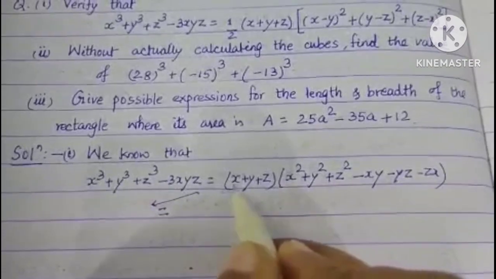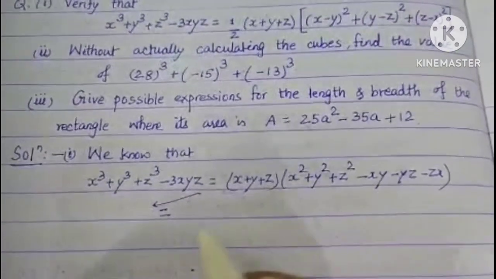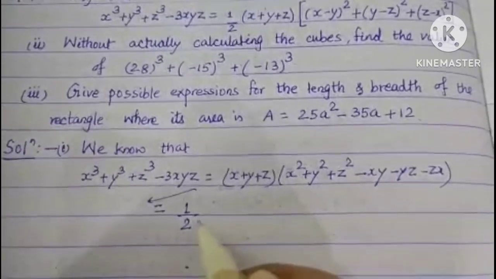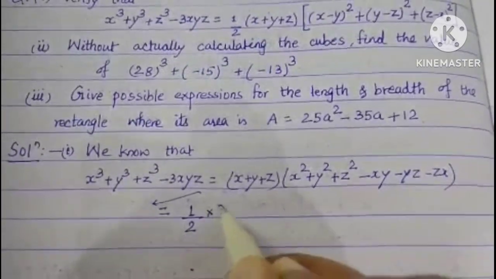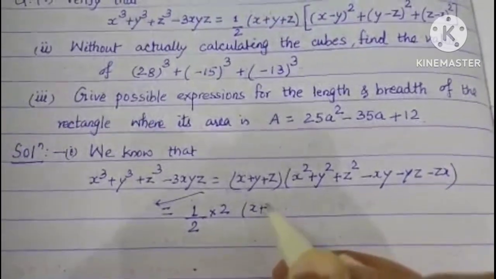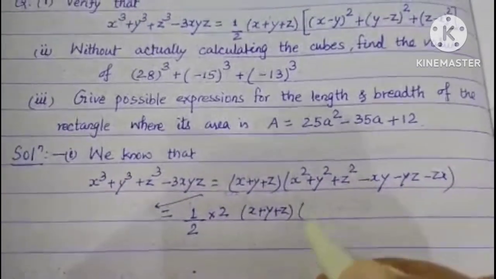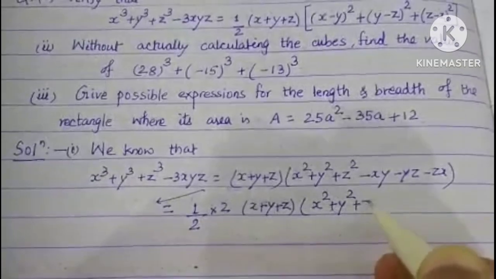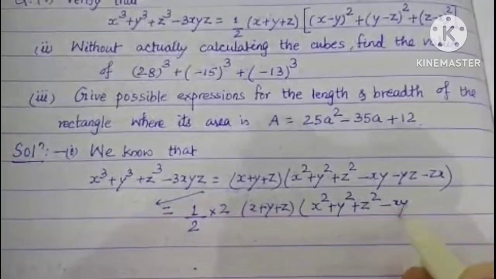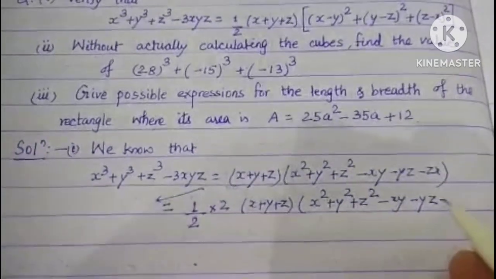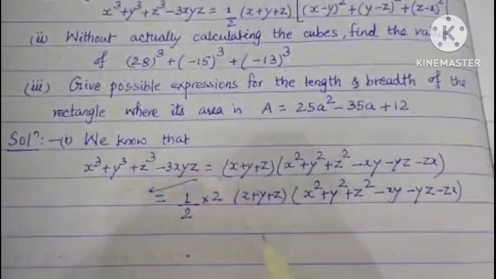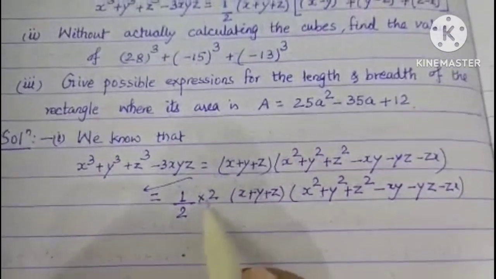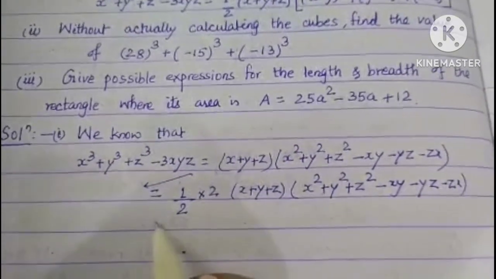We can multiply and divide this RHS by 2. Let us write it like this: 1 by 2 multiplied by 2, and then x plus y plus z, and this portion x square plus y square plus z square minus xy minus yz minus zx. We can write like this, multiplying by 2 and dividing by 2. It will have no effect on this expression.